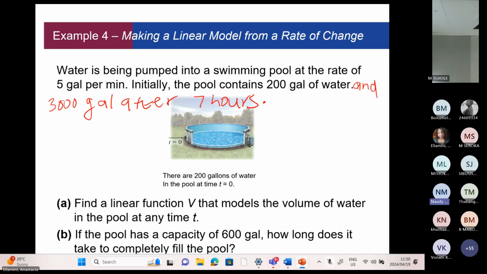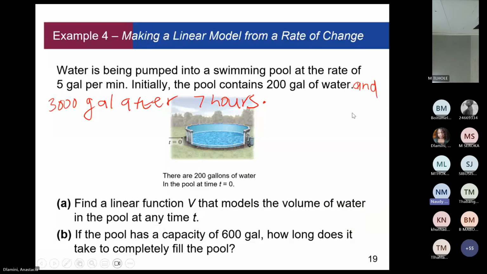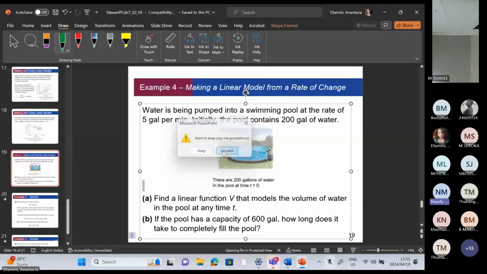To find out how long it takes to fill the pool at a capacity of 600 gallons, I think we have to let f of V equal 600 to solve it.